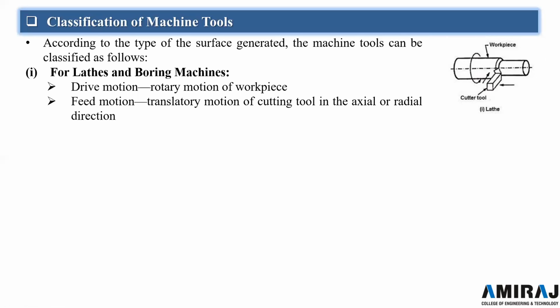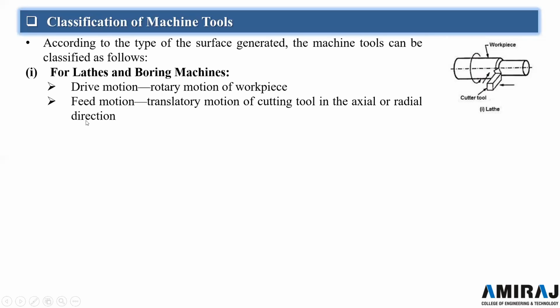While the tool is stationary but traveling, only the feed motion is provided, which means this direction, linear motion, axial or radial. This is the radial direction and this is the axial direction of the axis, okay. So two types of motion, drive motion and feed motion.